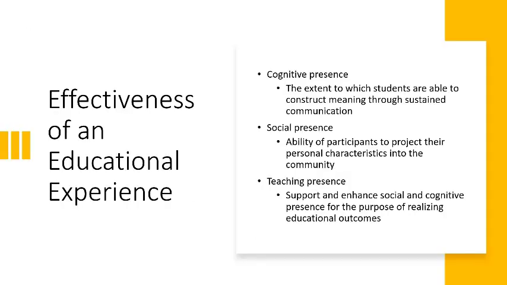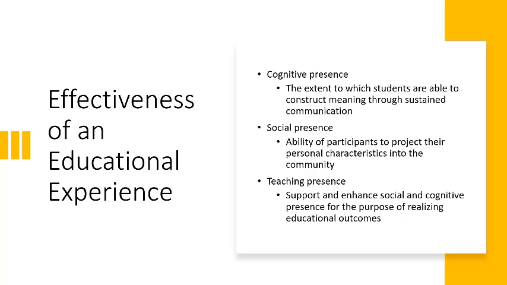The book also talks about three elements, or presences, that are elements of effectiveness of an educational experience. The first one is cognitive presence, which depends on learners engaging in activities like reflecting deeply on the course content, drawing new and creative connections with course material, or opening themselves up to new ideas and ways of understanding.